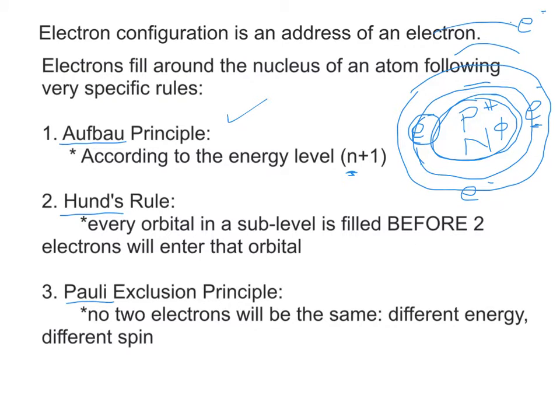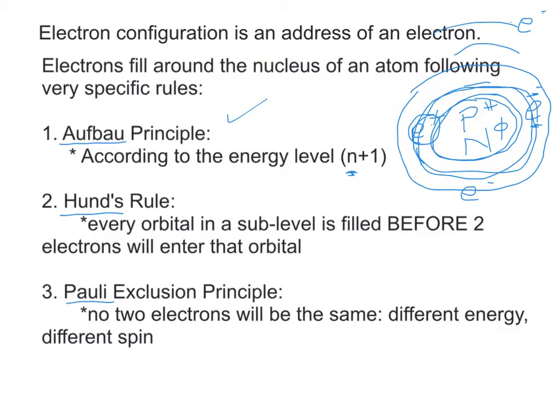So if there's two electrons in this energy level here, and there's orbitals within this energy level, one of them is going to have a positive spin and one of them is going to have a negative spin. They will spin in opposite directions. You can never have two electrons with the same energy, the same vibration, the same spin in the same orbital.